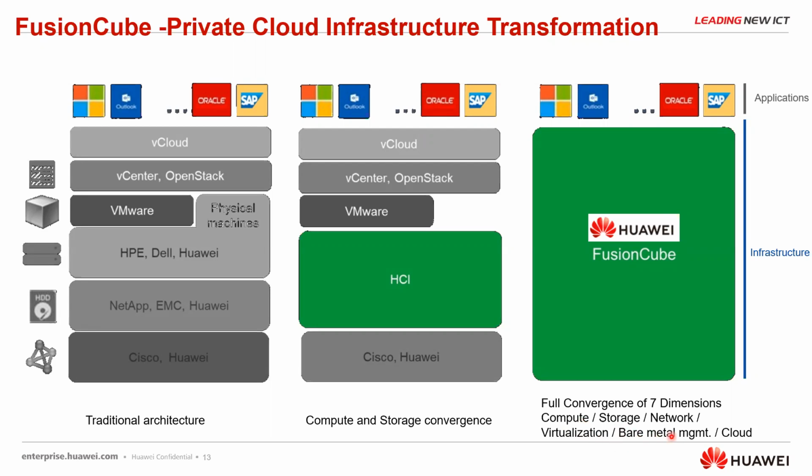And we have added the bare metal management system. So in the FusionCube, you can also have the bare metal management and monitoring function and attachment to the cloud. So this unit can also act as a private cloud for you, and as a hybrid cloud component for data transferring from your private cloud to the public cloud, or public cloud to private cloud. So it can be integrated or connected to your cloud environment.